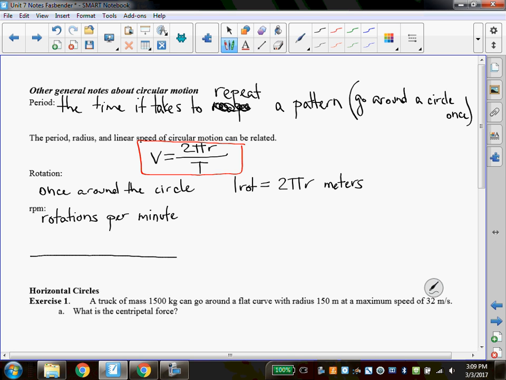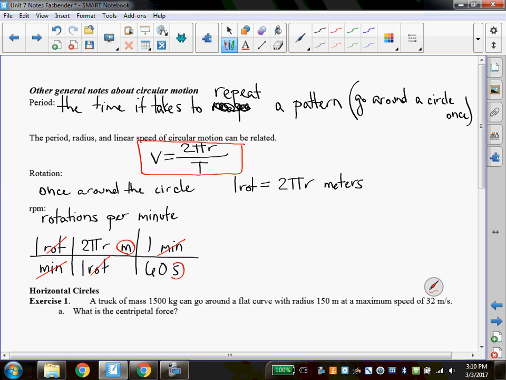So let's do a little bit of dimensional analysis. If you are moving at 1 RPM, you are going at 1 rotation per 1 minute. I want to know how many meters per second that is. Well, we know that 1 rotation is the same thing as 2 pi r meters, and we know that 1 minute is 60 seconds. So if we look at this dimensional analysis, we can say rotations on the top, rotations on the bottom, minutes on the top, minutes on the bottom.